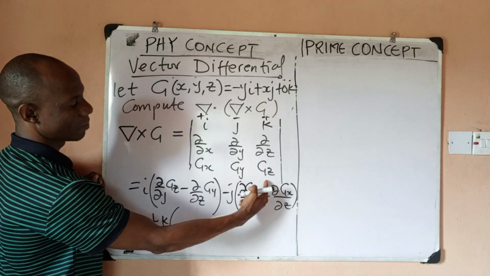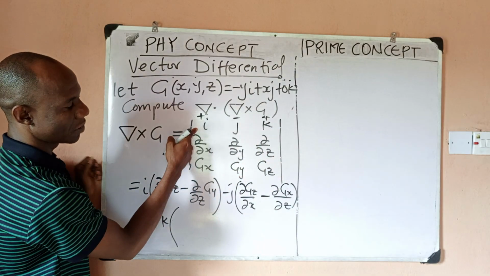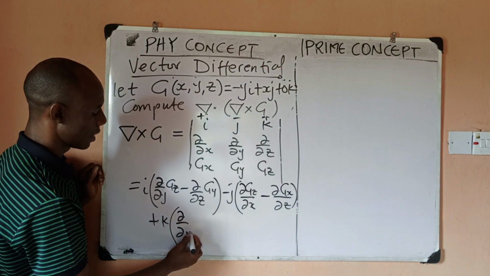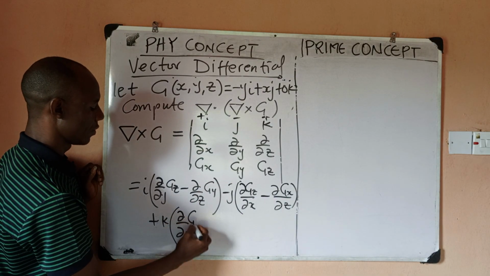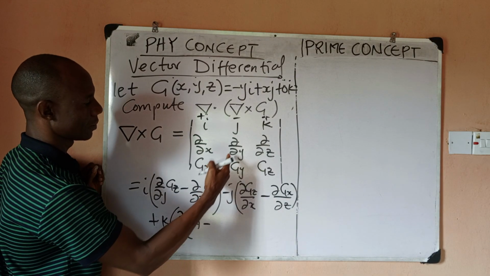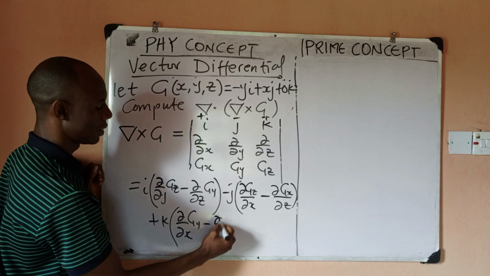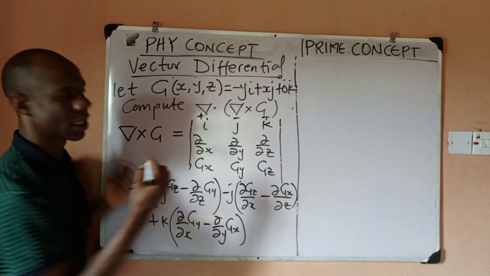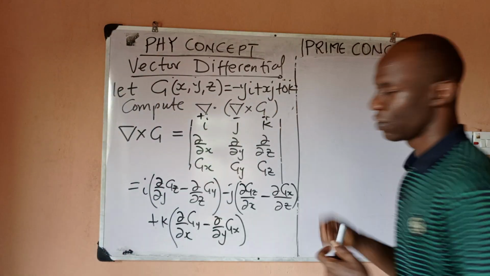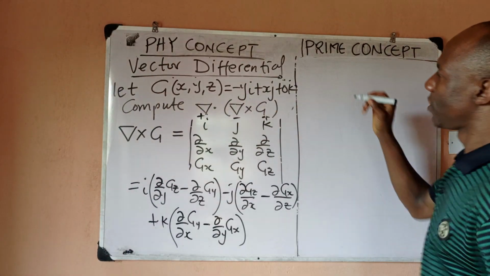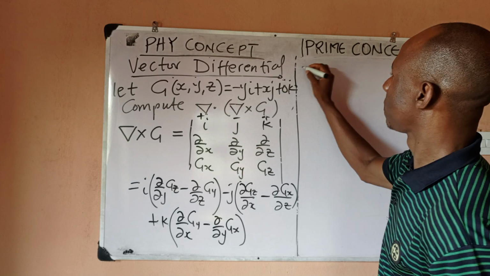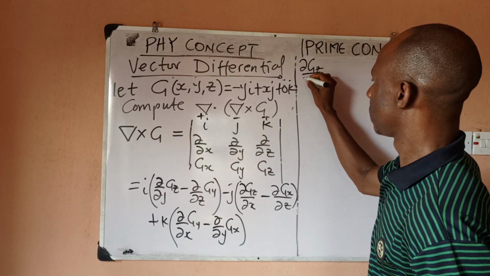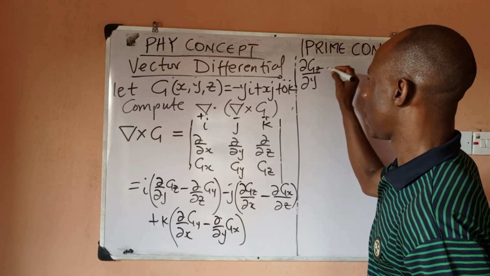If I close this part for k and close this unit vector, I would have this times this, which is d/dx of G of y, minus this times this, d/dy of G of x. So this is what I'll have, which I'm going to have to do gradually. So very quickly, I'll find dGz over dy.